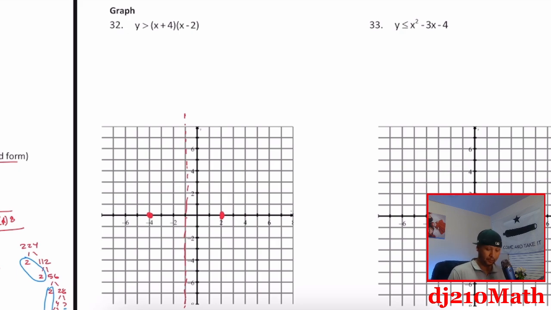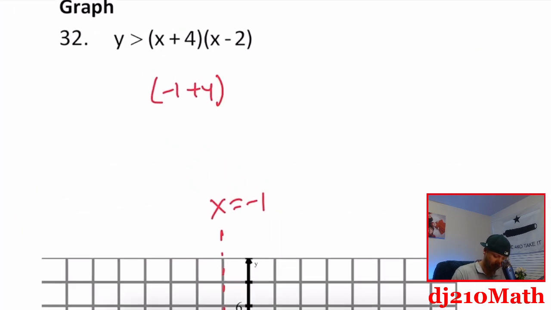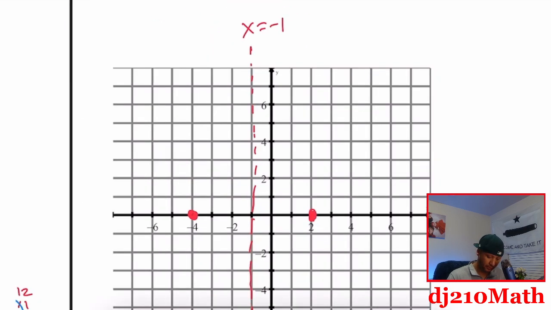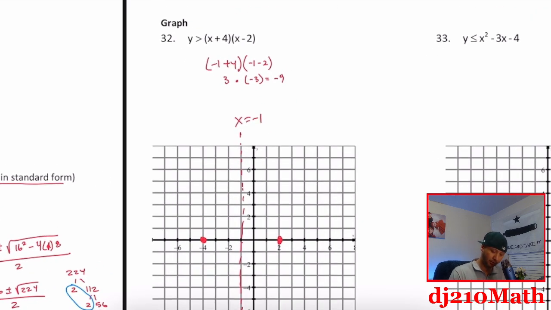And it opens up. So what I need to do is figure out where the vertex is on this line. So if we consider x equals negative 1, and plug in negative 1, negative 1 plus 4 is 3.